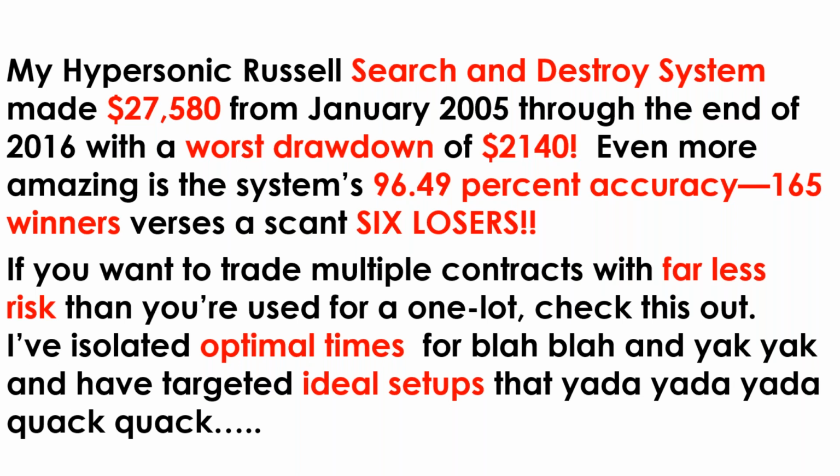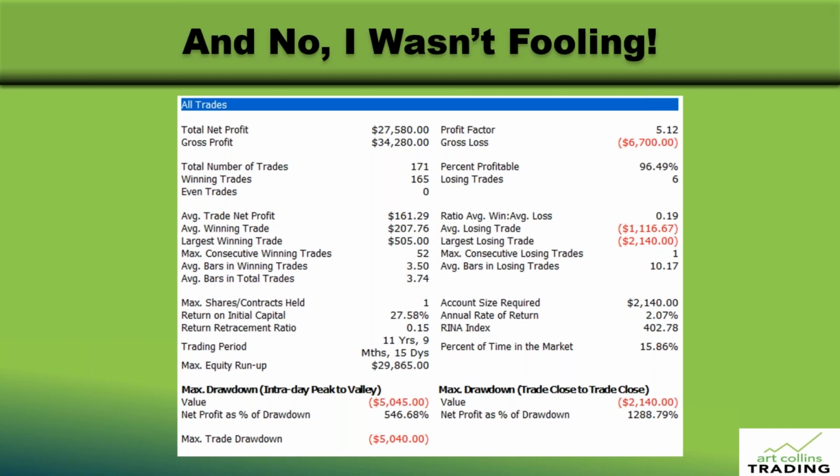Okay? So that was my little creation, but it wasn't pulled out of thin air. I achieved it through actual number crunching in TradeStation. And I came up with the actual numbers you just saw there: $27,580 net profit, 96.49% accuracy, $2,140 worst drawdown, only 6 losers.